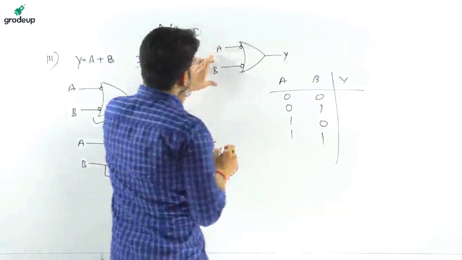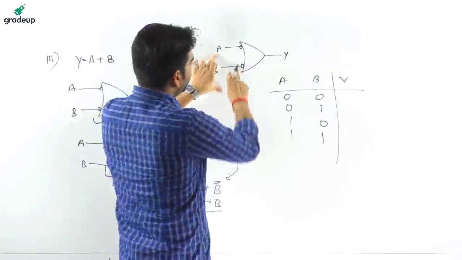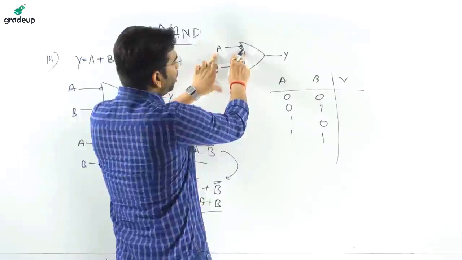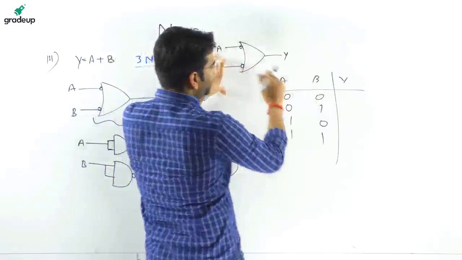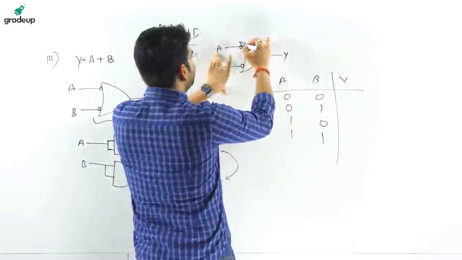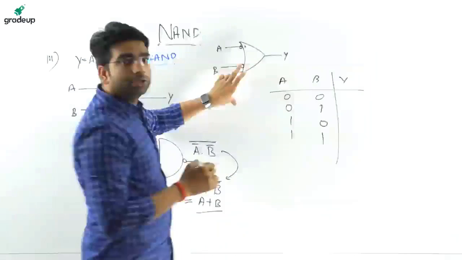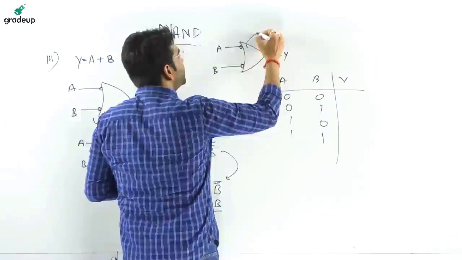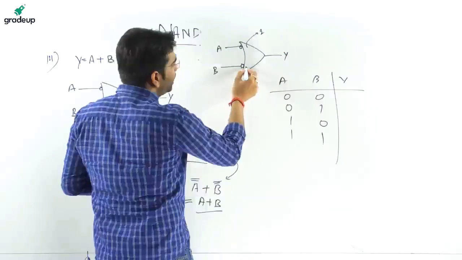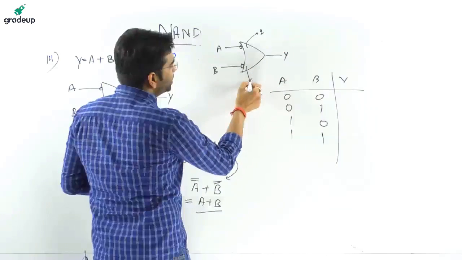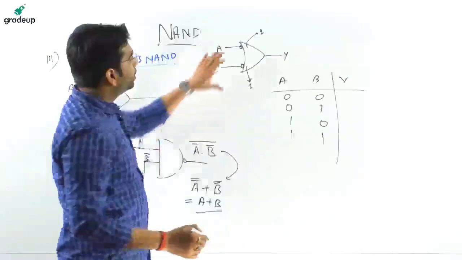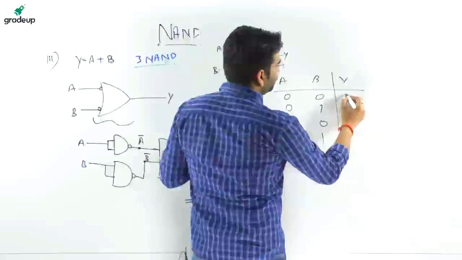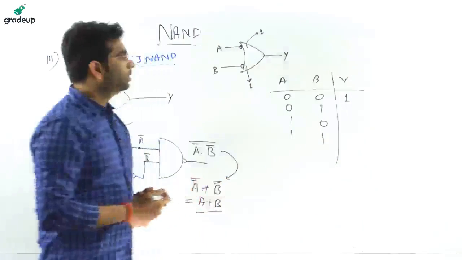Suppose A was 0, after the NOT operation it is 1 at this place. Internally what reaches is 1, and here again if it is 0, then what reaches this place is 1. 1 1 will give you 1.